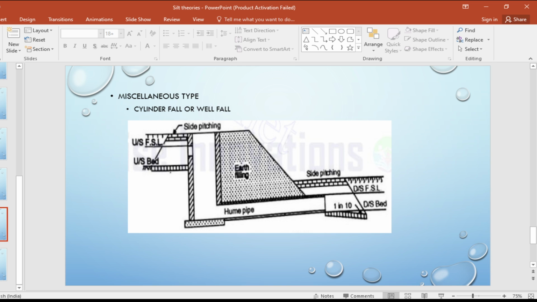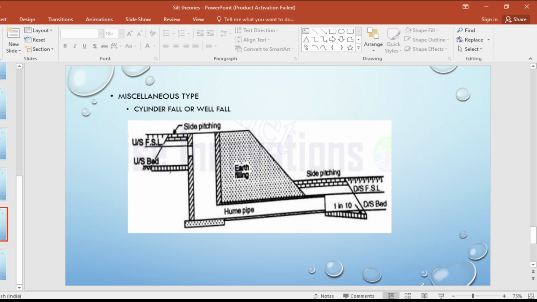The falls under the miscellaneous types are designed from special considerations without any reference to the conditions of approach. The principal types under this class are three types.